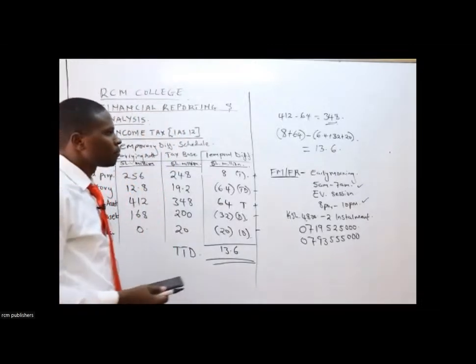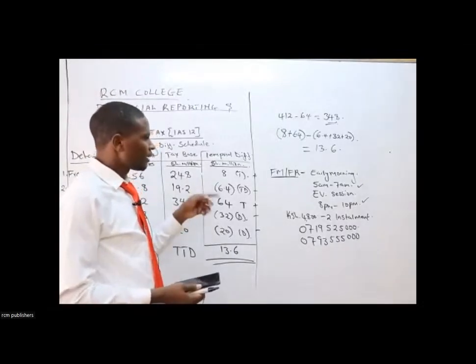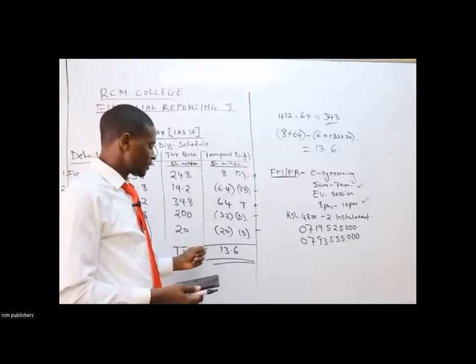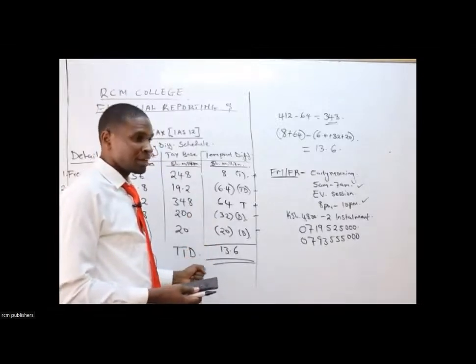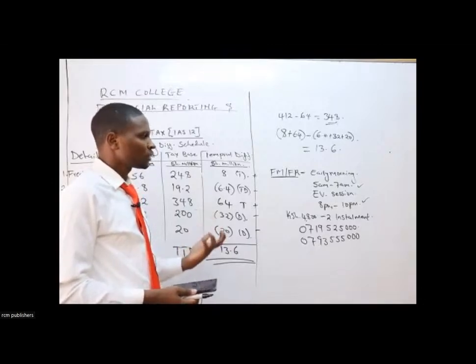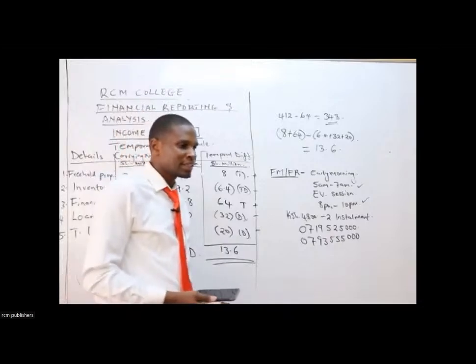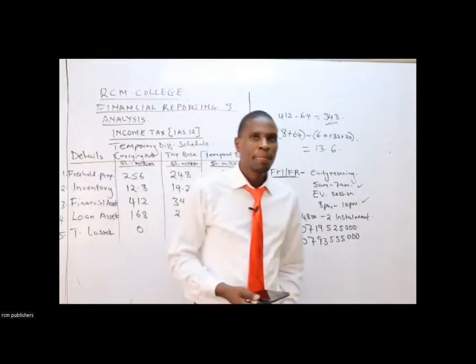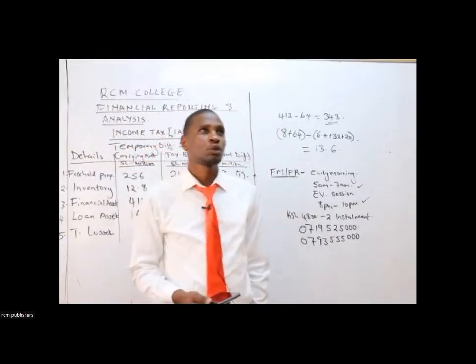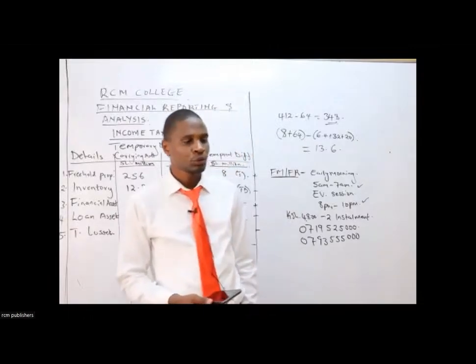So I want us to complete this by computing our deferred tax. Now, class, to compute the deferred tax here, we just need the taxable temporal difference and then the corporation tax. Did the examiner give us the corporation tax from the question?